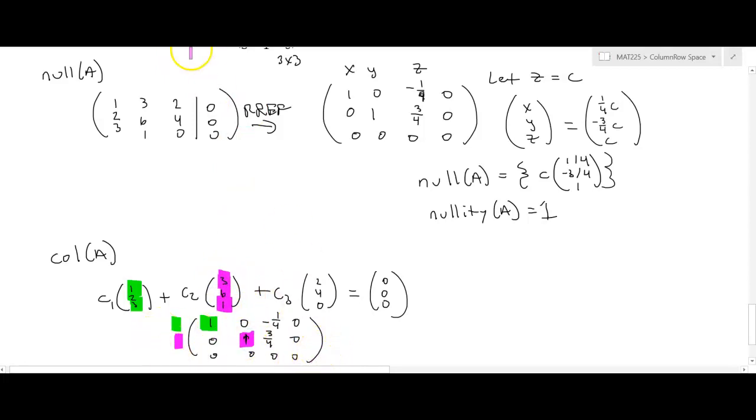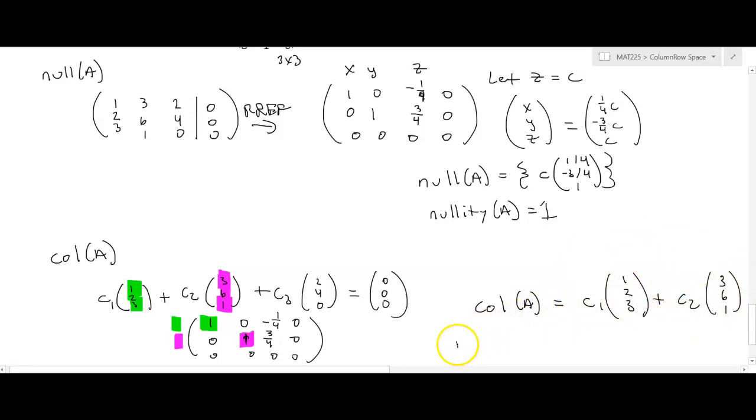The third row doesn't have a leading 1, so I would say that the column space of A is any linear combination of the 1, 2, 3 vector plus any multiple of the 3, 6, 1 vector. So basically the column space of A is anywhere along the plane that these two vectors form.